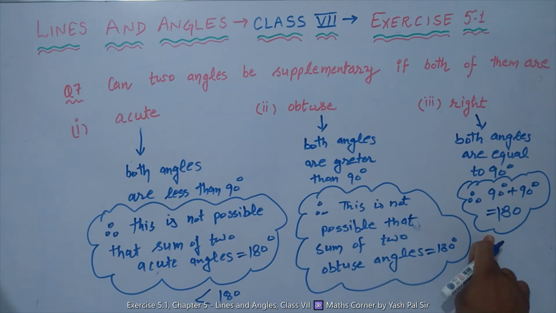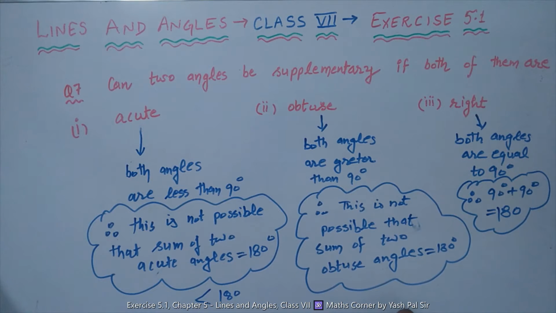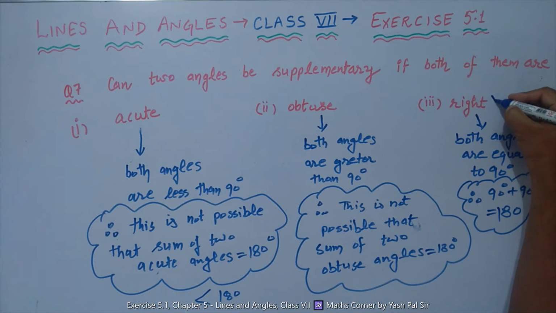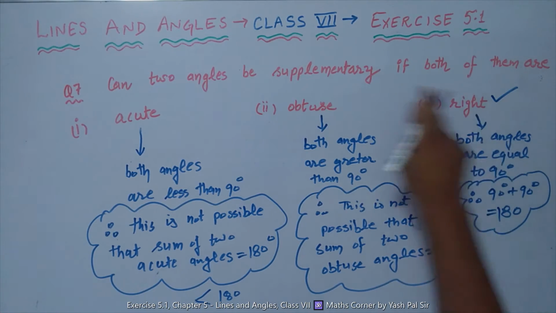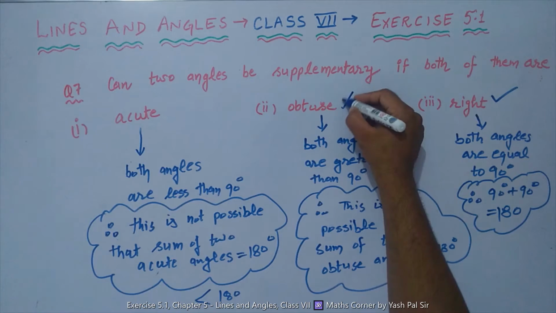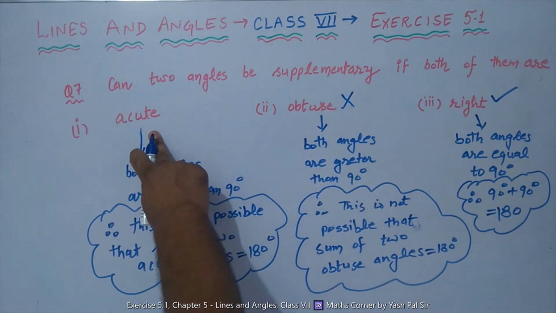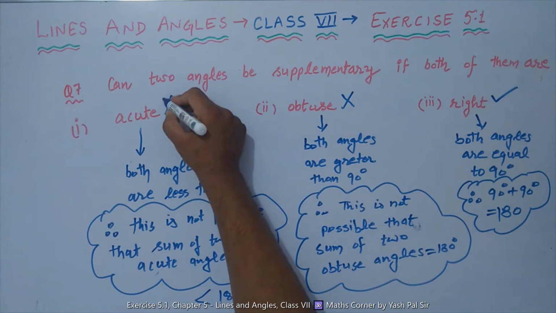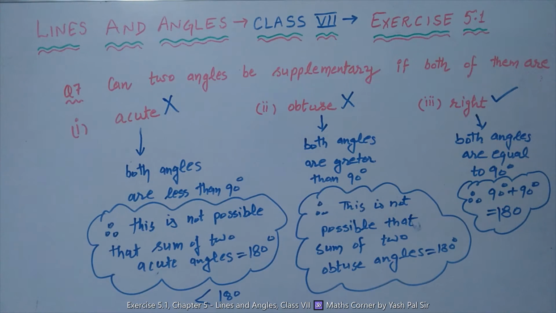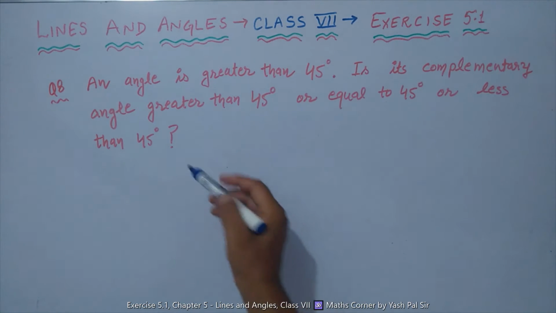If the sum is equal to 180 degrees, it means the two angles are supplementary angles. So two right angles can form supplementary angles. Two obtuse angles cannot form supplementary angles. Two acute angles cannot form supplementary angles.